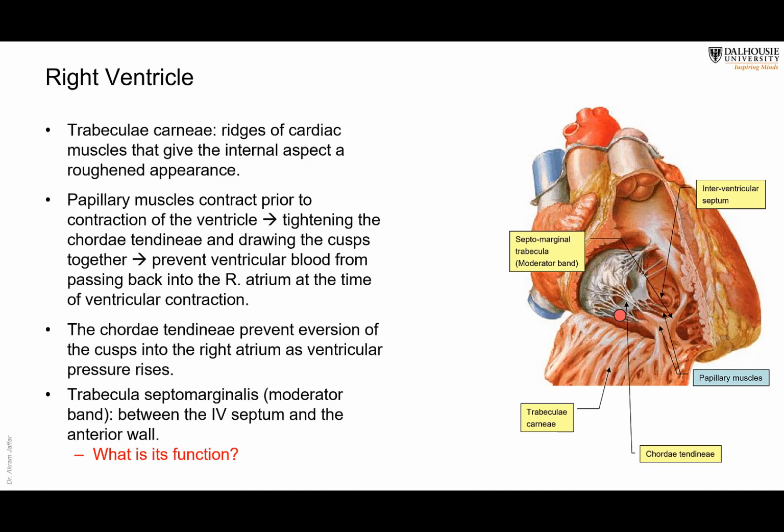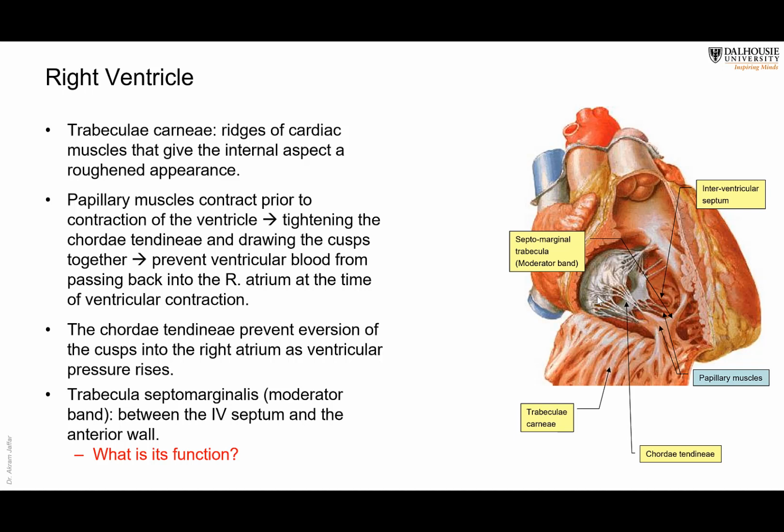They pull on the chordae tendineae, the strings of the heart, and these chordae tendineae are going to pull on the cusps of the tricuspid valve and prevent their eversion, that's to say, opening the other way around. They pull on them like strings pulling on a parachute. Okay? So when the valve closes, it will not evert back.